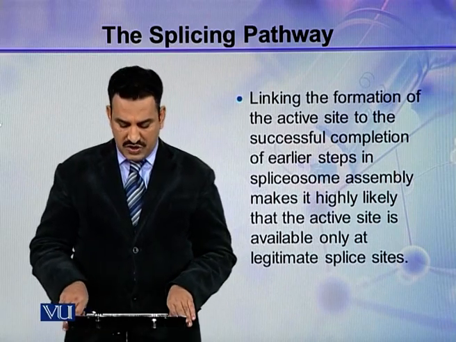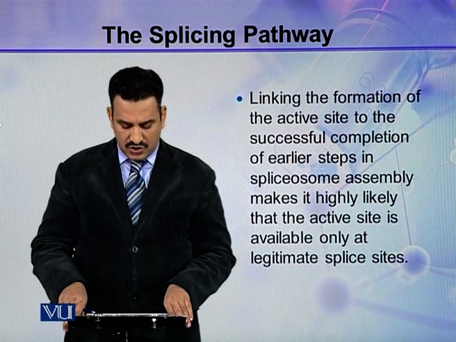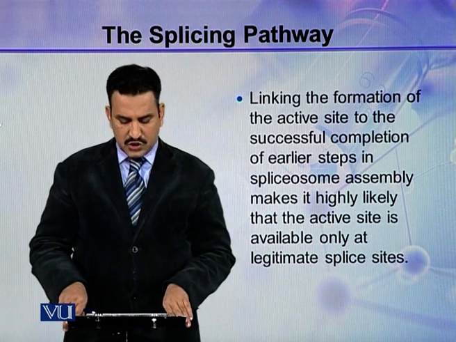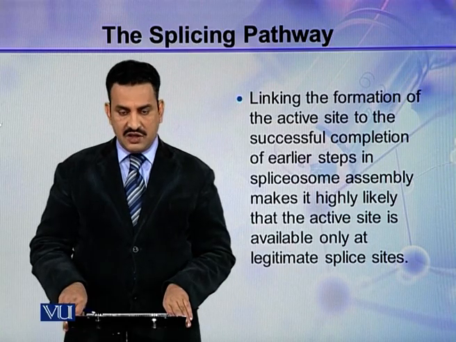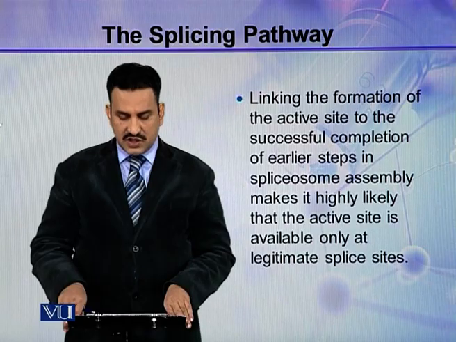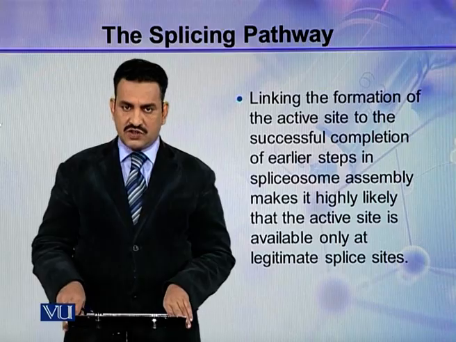Linking the formation of the active site to the successful completion of earlier steps in spliceosome assembly makes it highly likely that the active site is available only at the legitimate splice sites.